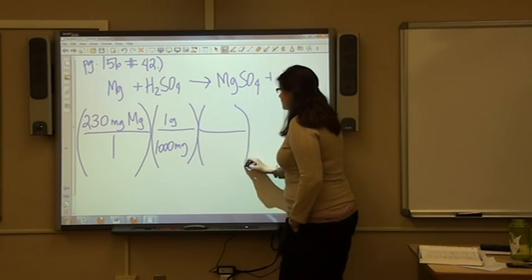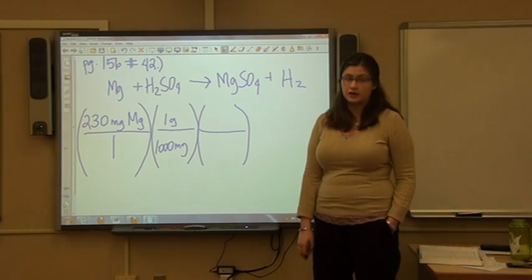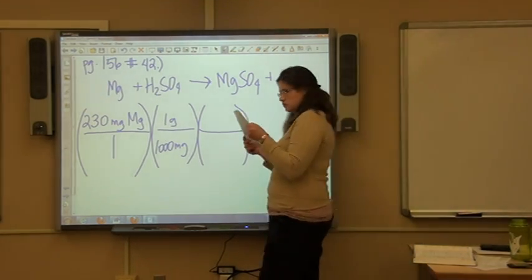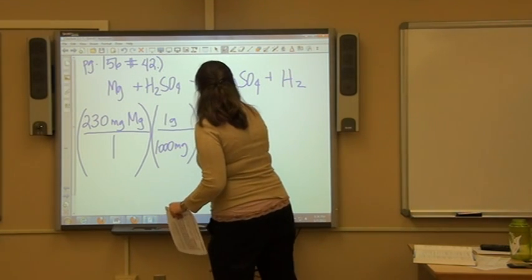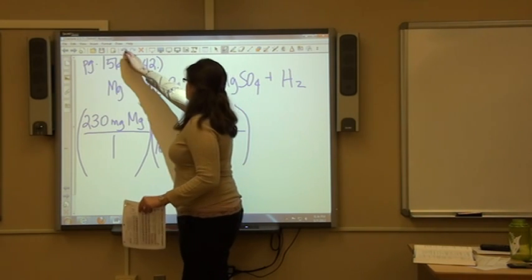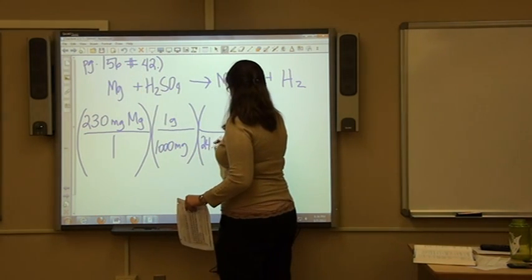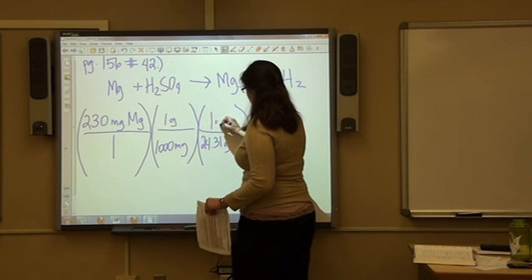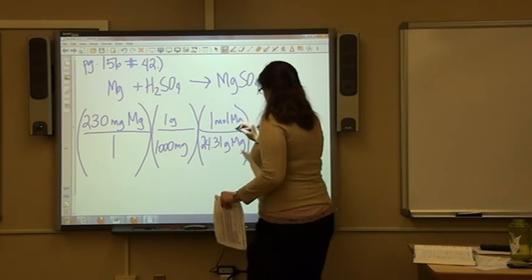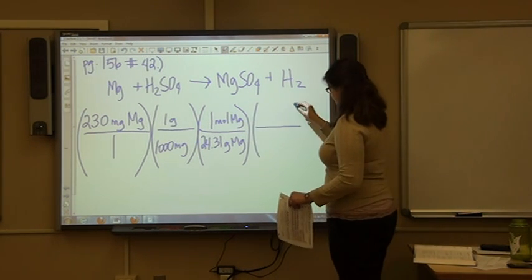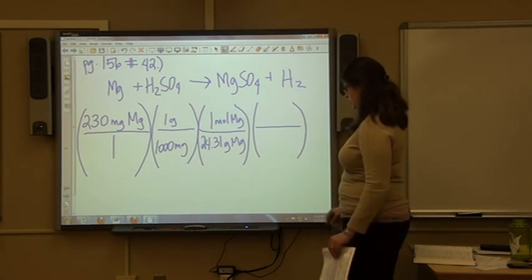Now, you can calculate your molecular weight of magnesium, which is 24.31 for 1 mole. Stoichiometric coefficient time.